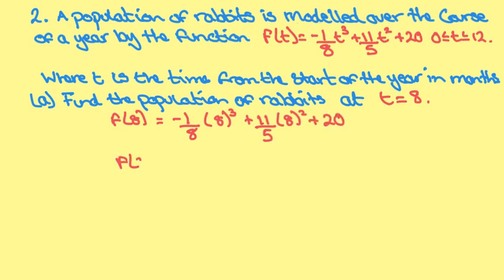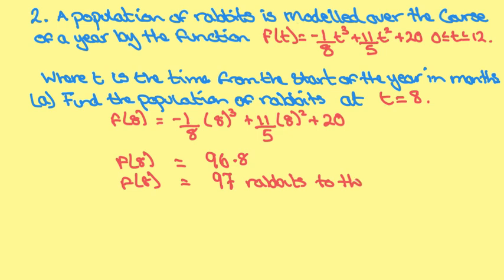So f(8) is equal to 96.8. So f(8) is equal to 97 rabbits to the nearest whole number.